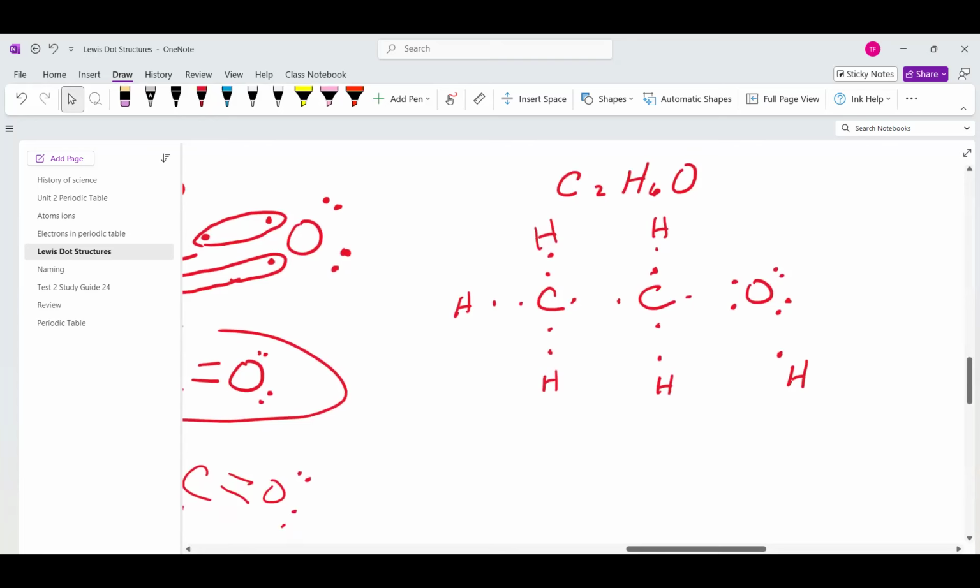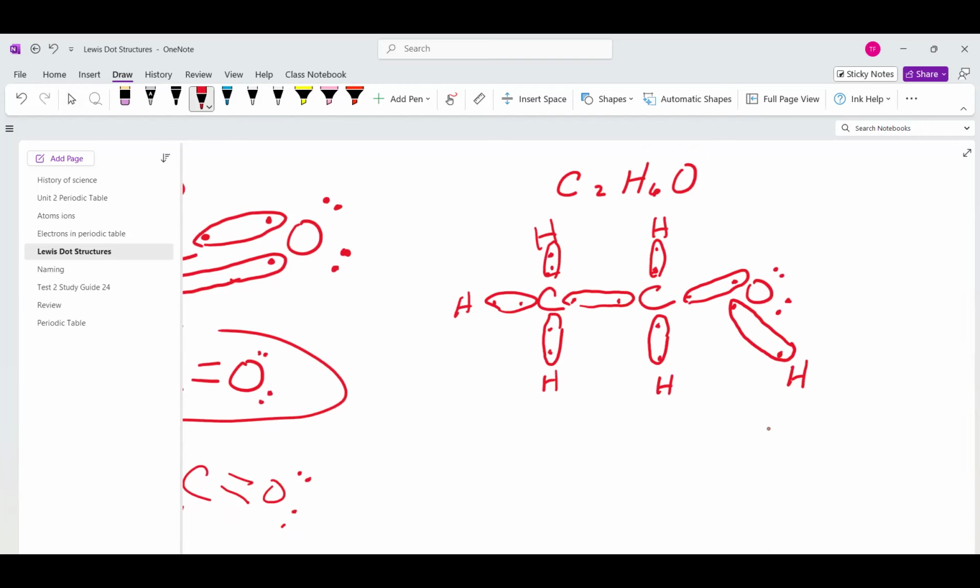Okay, next step is connect everything up with one bond to start with. Okay. Do we have any lone singletons running around? No. So everything is connected up.